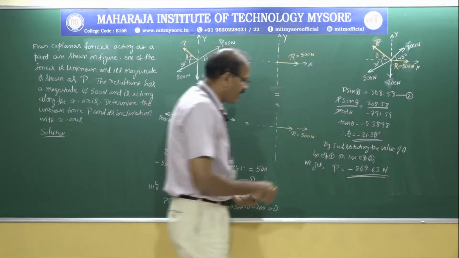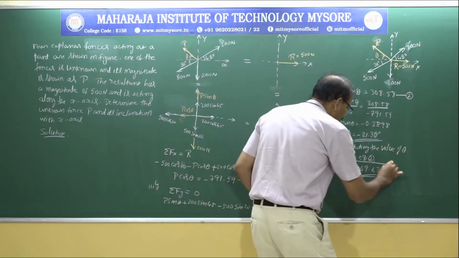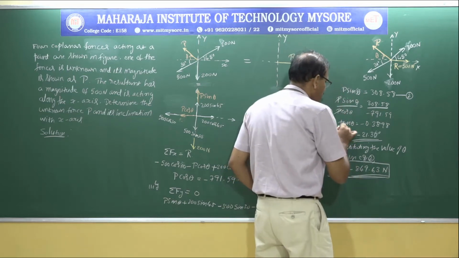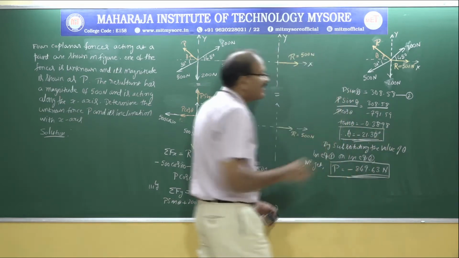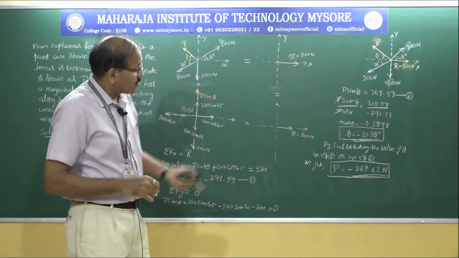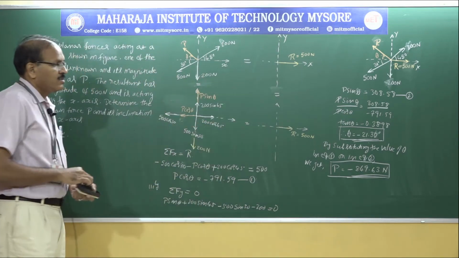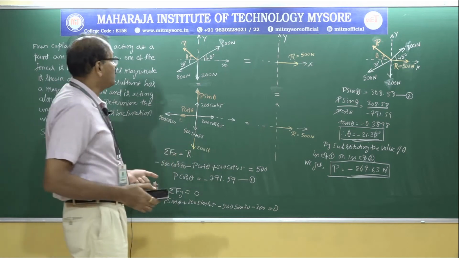That is the value of P, and this is the value of theta. So these two values we got as negative.